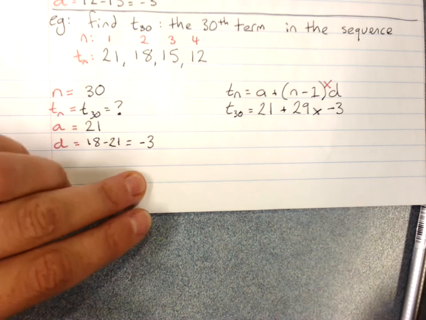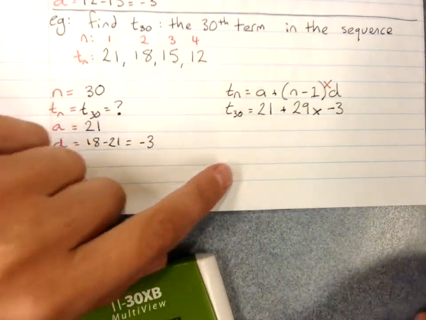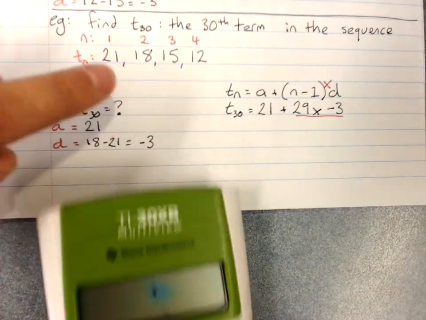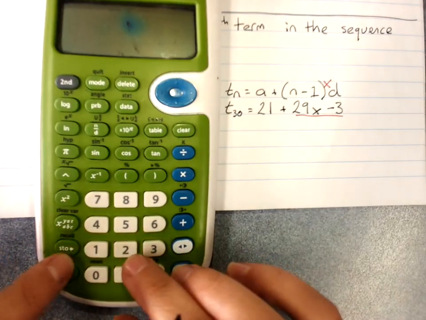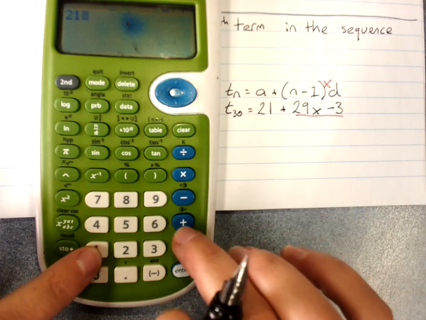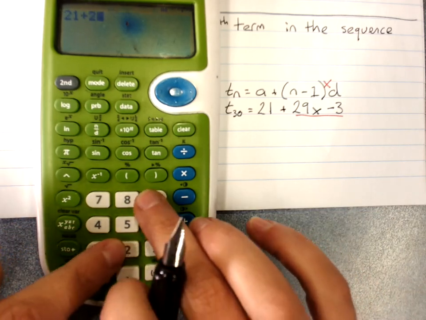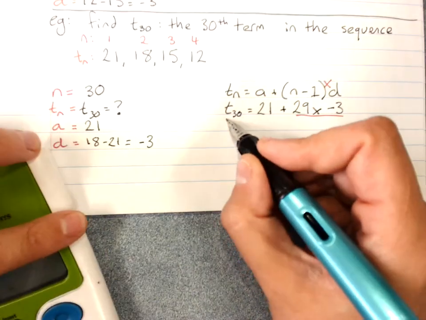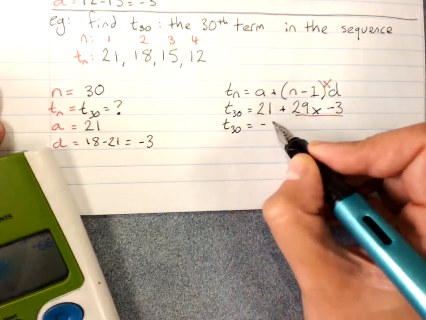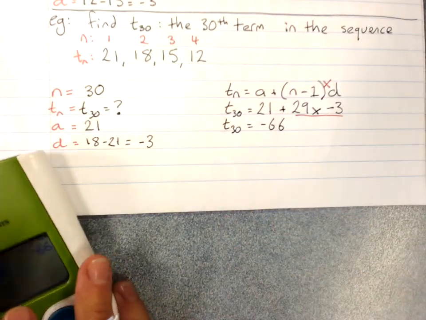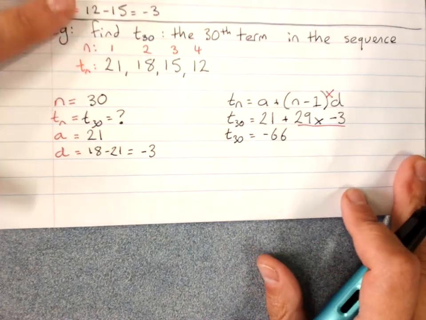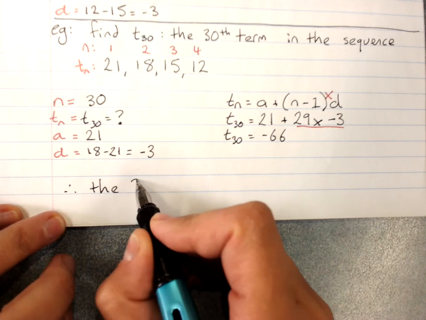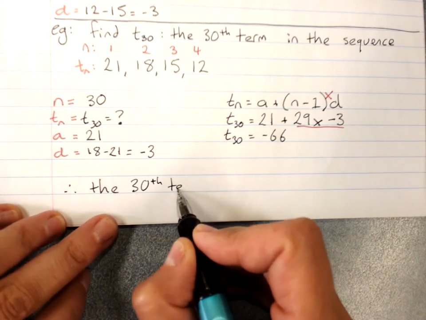Be very careful at this point that you are using correct order of operations, but your calculator will do that for you. 21 plus 29 times negative 3. T30 is negative 66.